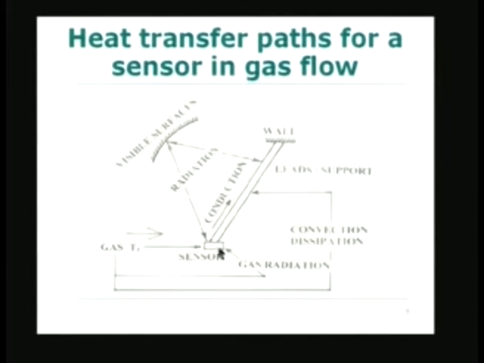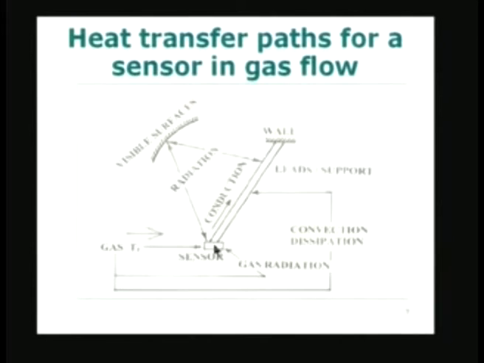The probe consists of, in fact, the leads or whatever support arrangement we have, plus the sensor at the tip of that probe. The gas which is going to flow in the tube or in the application is going to flow past the sensor, and therefore, there may be some amount of heat transfer from the gas to the sensor through convection, because there is a direct contact between the medium and the surface, and it may also be by radiation from the gas. If it is a very high temperature gas, some amount of gas radiation may also be involved.